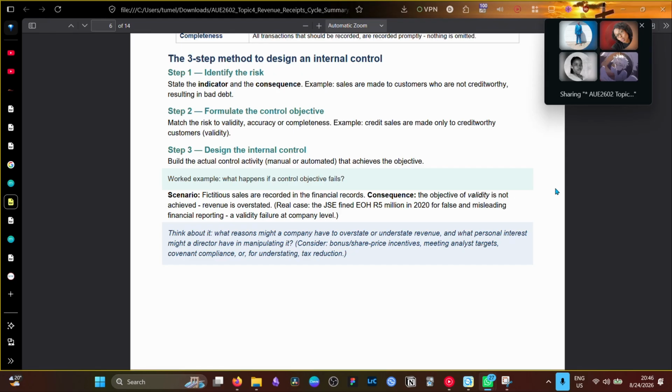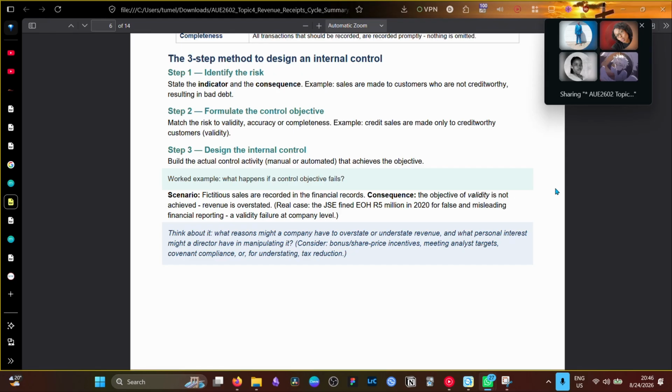So you see, there was a risk of recording false information. It's part of human error, where people omit errors. So that's where we are talking about completeness and validity.